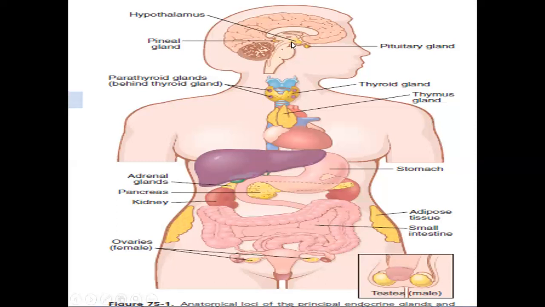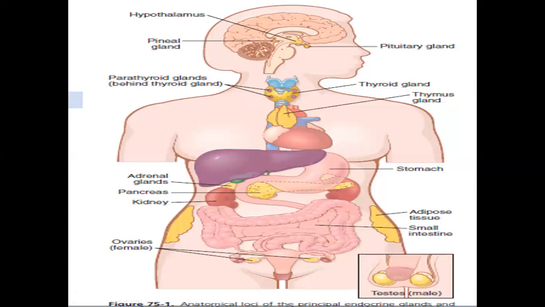Say, for example, your thyrotropin releasing hormone acts on thyrotropes, the cells responsible for production of another hormone we call TSH, thyroid stimulating hormone. Another example is your CRH, or corticotropin releasing hormone.